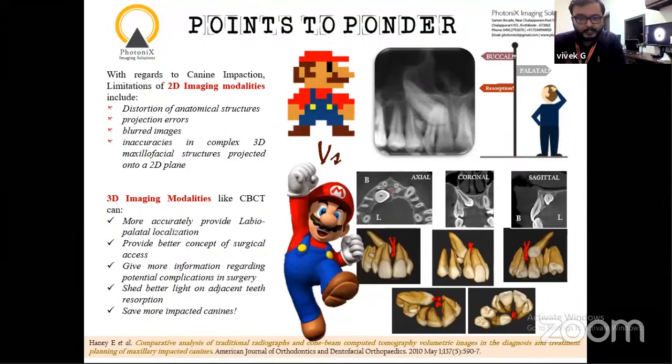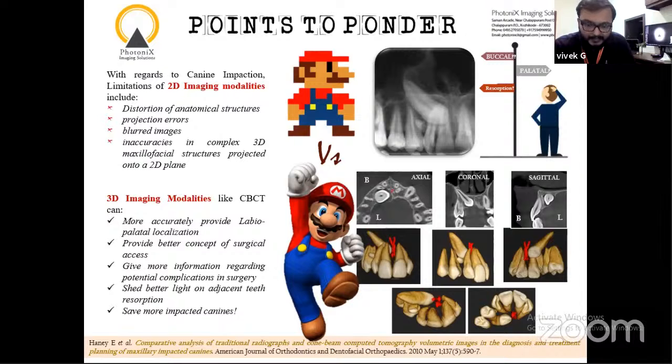I'll talk about these terminologies. What we can get from these images is a more accurate labio-palatal localization. You will get a better concept of the surgical access, how to access this canine. And you will also get more information beforehand about the potential complications that might arise from such a surgery if you go blindly. So you can save more canines, more teeth, more time, and more of your practice by using these 3-dimensional modalities like CBCT.